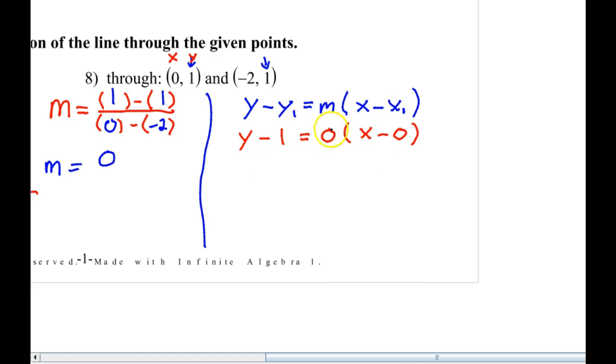Zeros. So the whole right-hand side, 0 times anything is 0. So I know this is y minus 1 equals 0, and add 1 to both sides. Y equals 1.